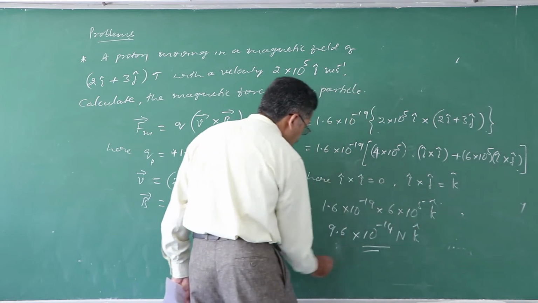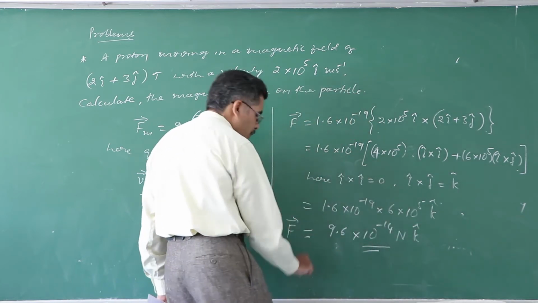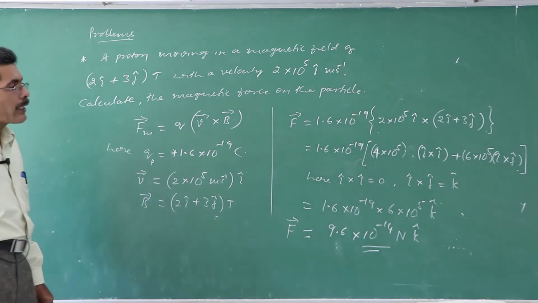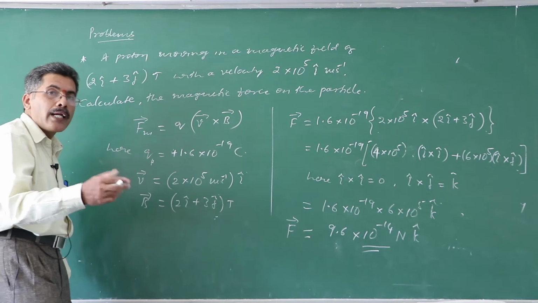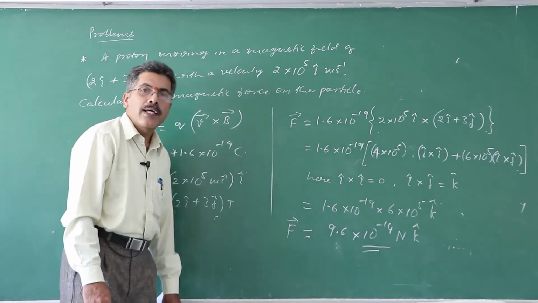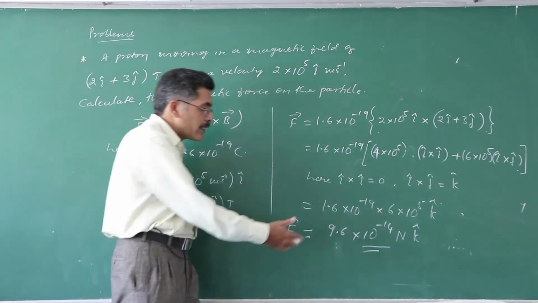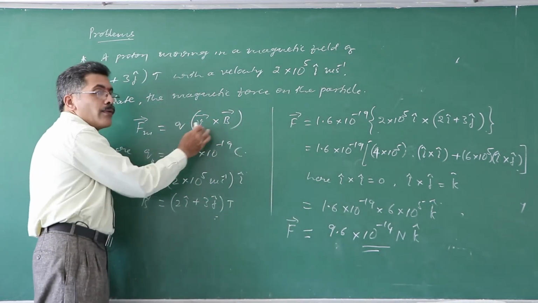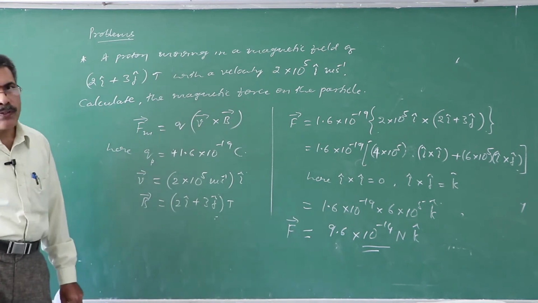So this force is perpendicular to both the direction of motion of the proton and the direction of the magnetic field. This equation tells you that F is always perpendicular to both these vectors. That's why it is called a cross product.